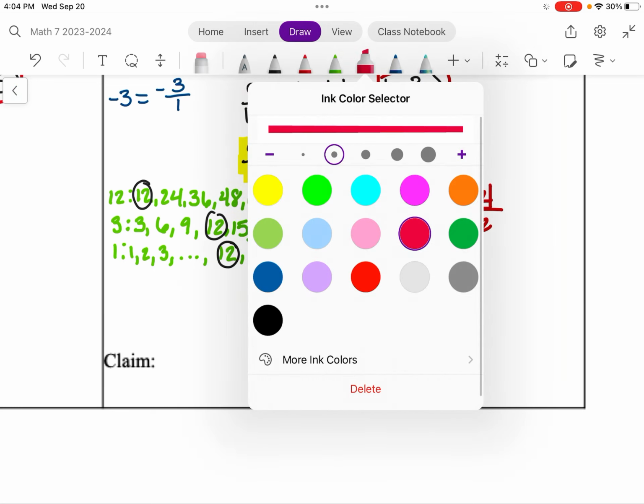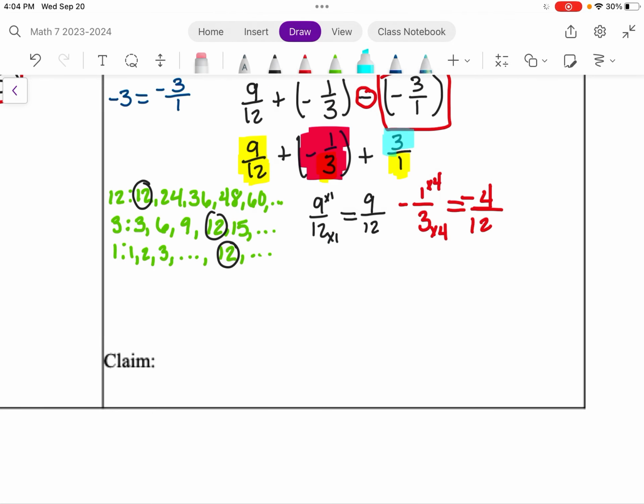Okay, then my last one is 3/1. Using that again, I'm going to create an equivalent fraction. So I have 3/1 is equal to some fraction with the 12 on the bottom. Okay, I multiply 12 to 1 to get 12. So what I do on the bottom, I have to do to the top.